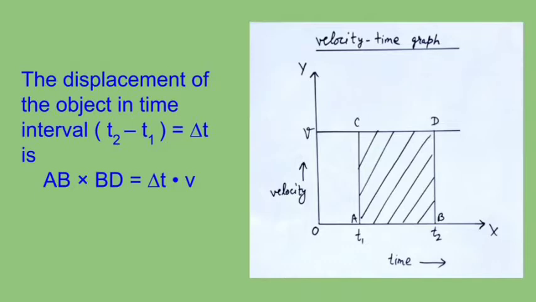The displacement of the object in time interval t2 minus t1, that is delta t, is AB into BD, which is equal to delta t into v. So we find that the displacement of an object in time interval delta t is numerically equal to the area under the curve in the velocity time graph between the instants t1 and t2.